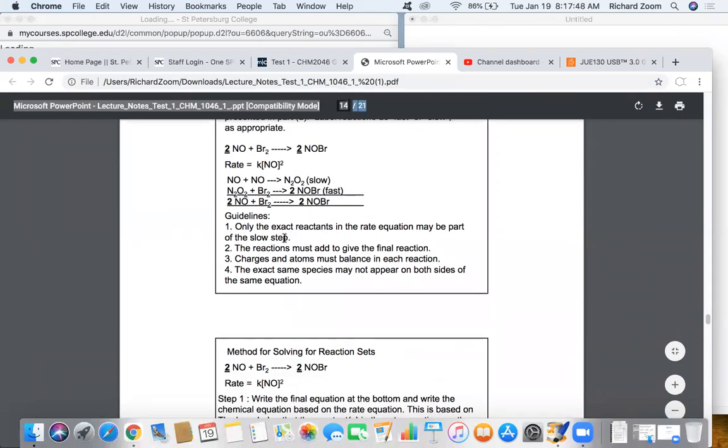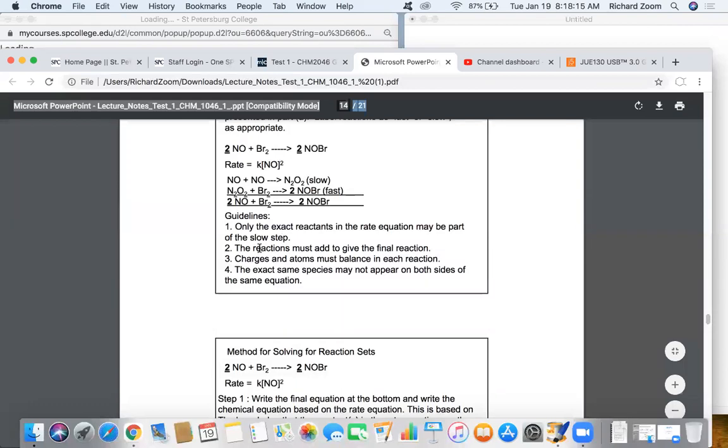The reason for that is that the rate only depends on what's in the rate equation, and the rate is what's going to be in the slow step. That's what I was talking about earlier with the bottleneck. The rate is always the slow step, the bottleneck. So these are the only things that are involved in the slow step.